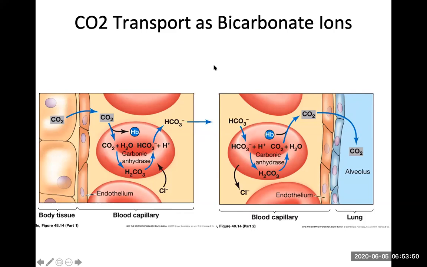So your body does different compensations to increase or decrease the amount of bicarbonate to change pH levels. Remember, your body tries to maintain homeostasis in all situations, so it'll do whatever it can to maintain a normal pH of 7.4 in the blood.